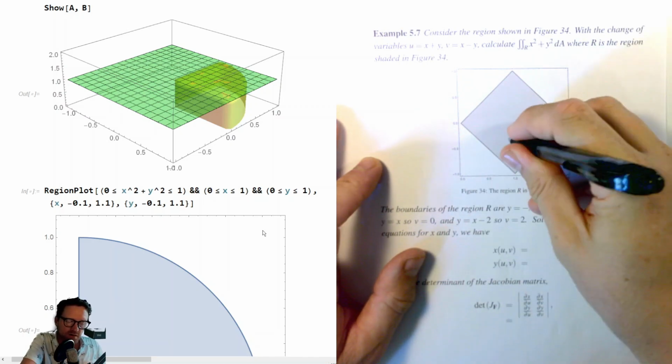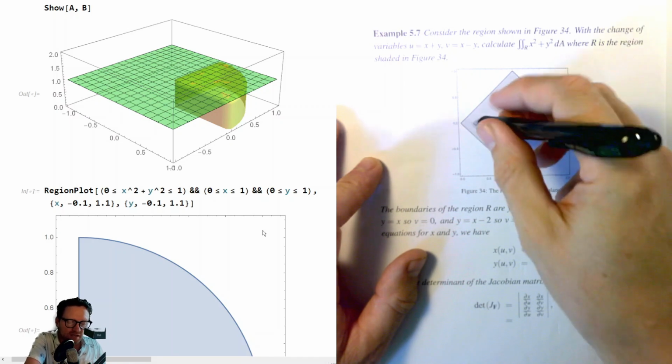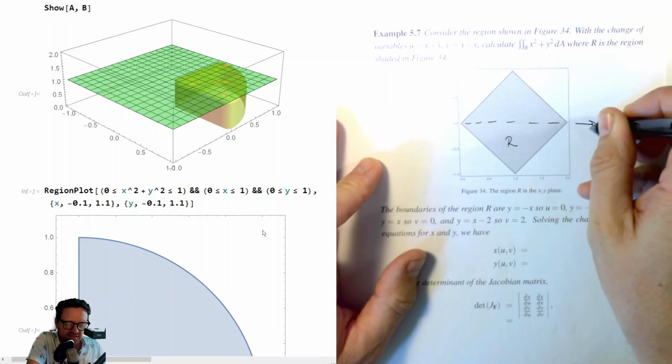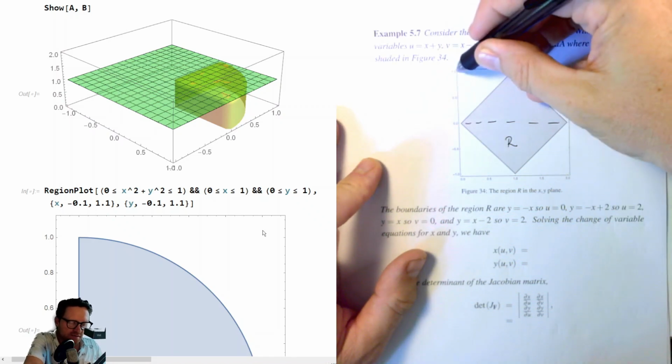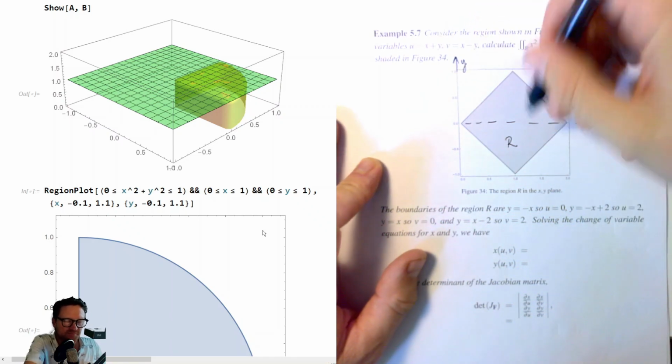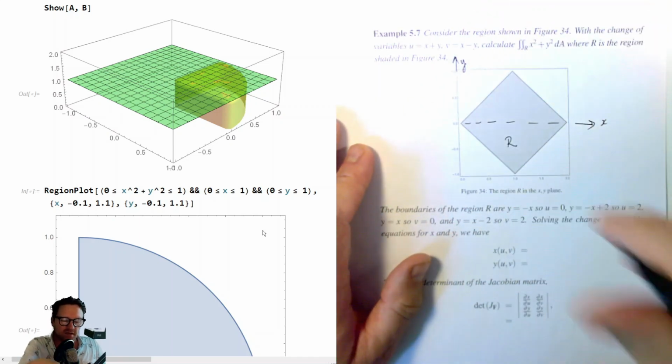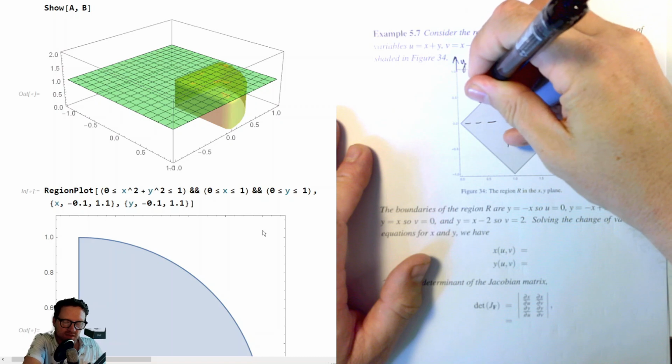So here we've got R. Now let's work out where our axes are. This is the x-axis, and then this is the y-axis. Now, what are the boundaries here in terms of x and y? Well, this is the line y equals x.